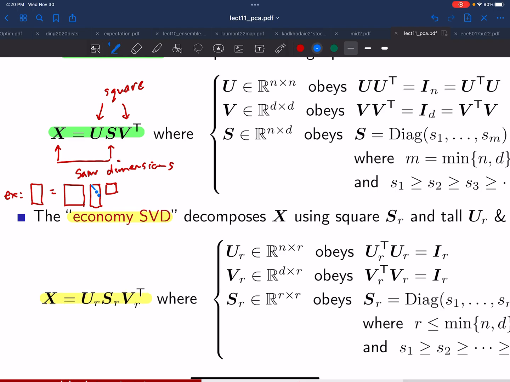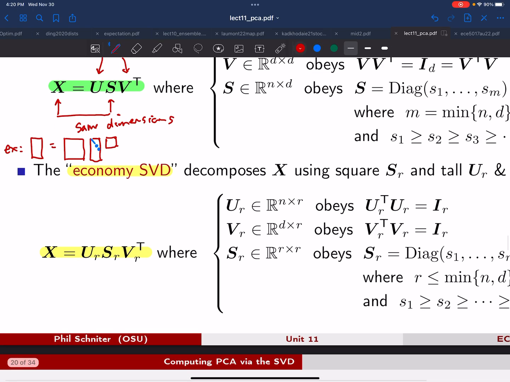Now in this case, for that same picture above, I'll put maybe a dashed line here to show that we're only computing those columns. And then we're going to have a small matrix here, which is only computing the non-zero portion.